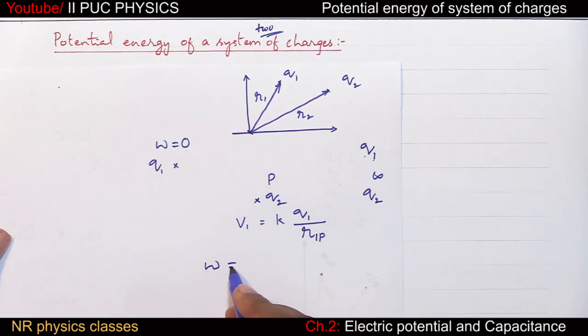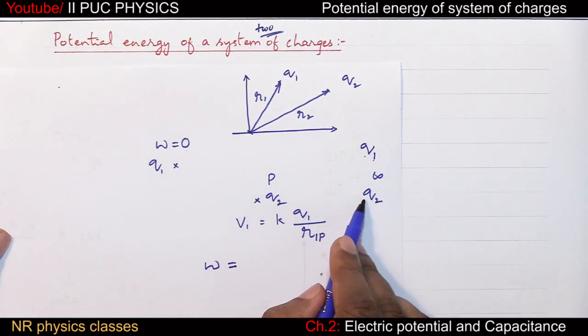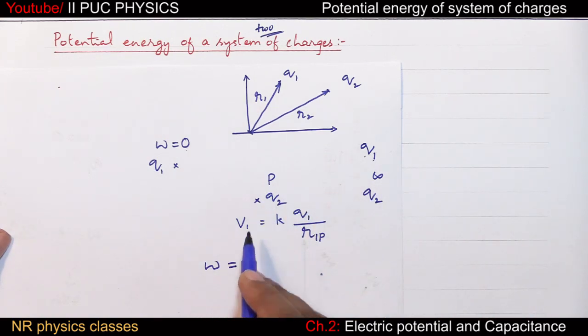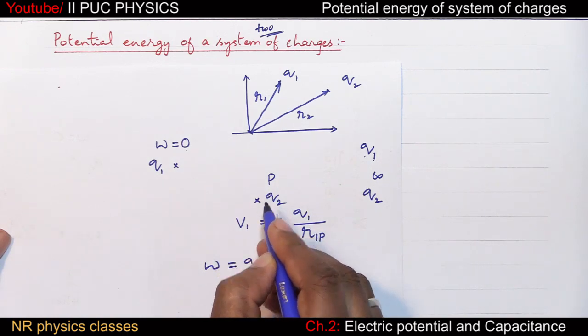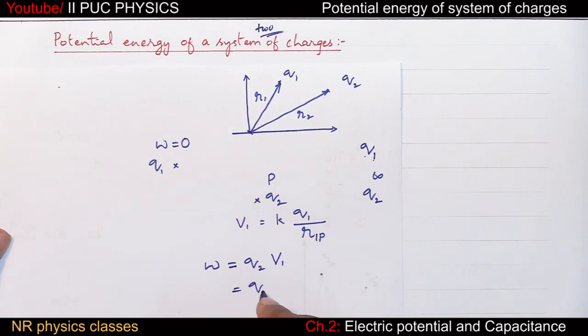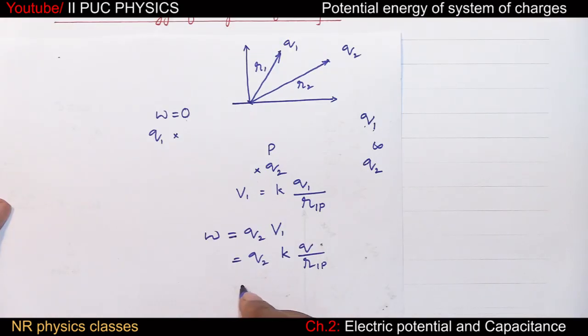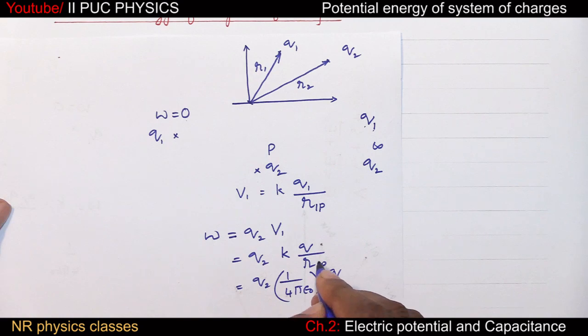Then the work done in bringing Q2 from infinity to P is Q2 times the potential at that point. So Q2 into the potential at that point, which is constant times Q1 by R1P, equals Q2 times 1 by 4 pi epsilon naught times Q1 by R1P.